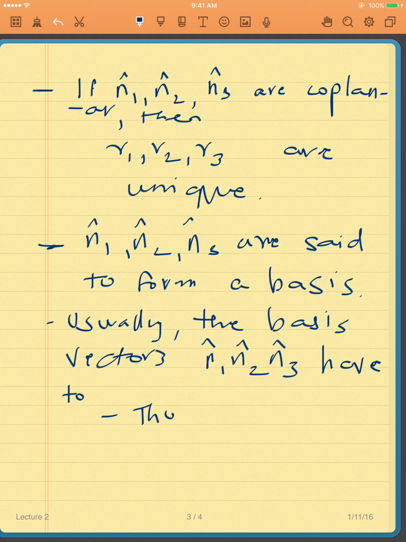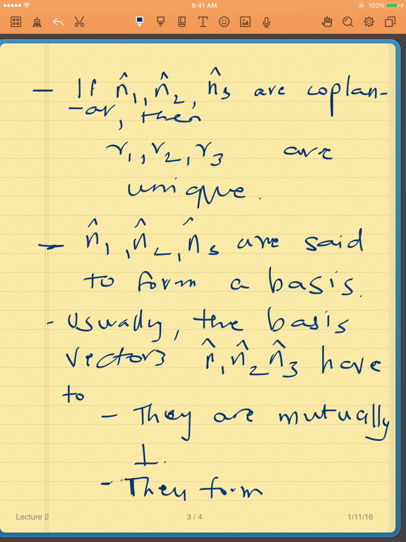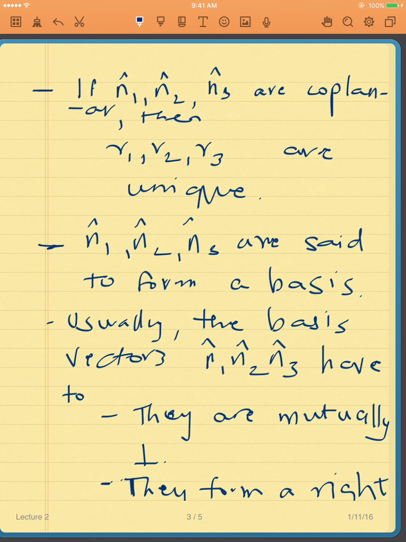They are mutually perpendicular, and they form a right-handed set, right?